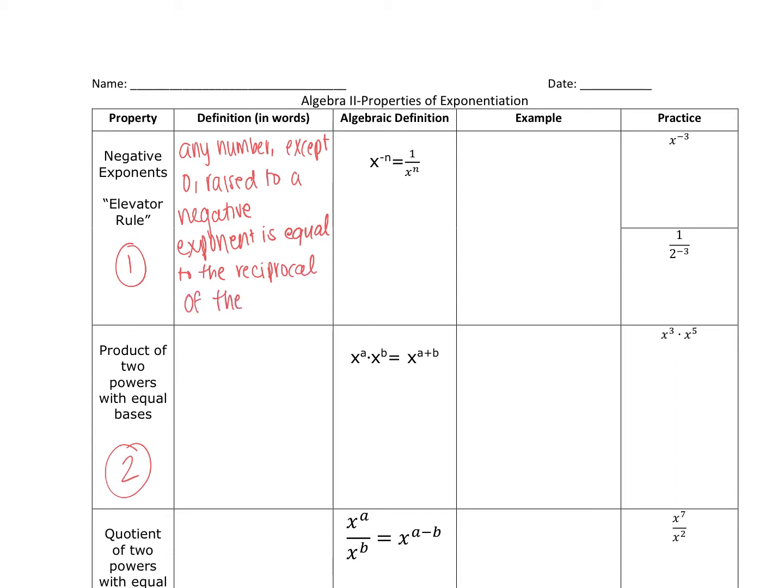And a reciprocal just means to flip something.